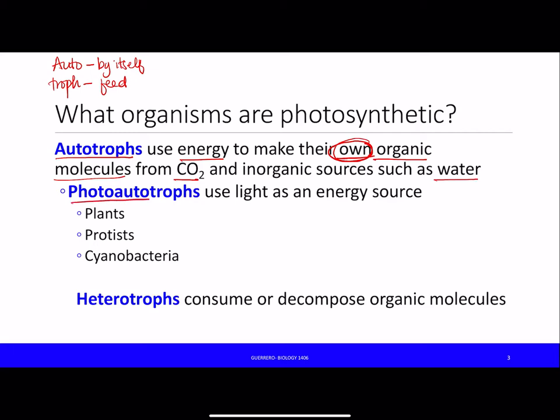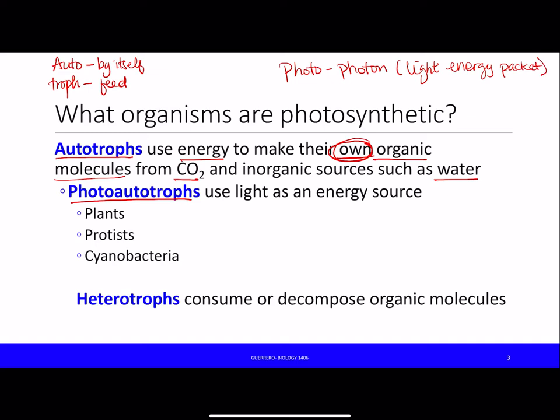There are photoautotrophs. So where you see the word photo, you need to think photon, which is a light energy packet. Okay, so it's how light energy is packaged or transported.